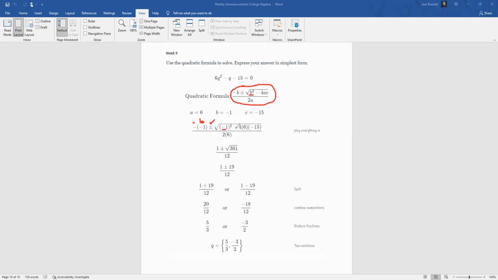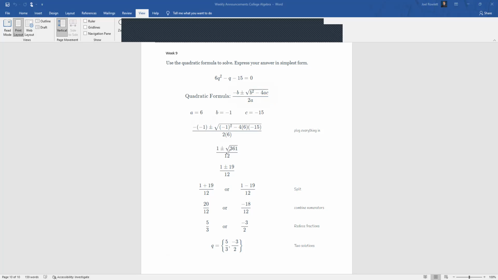So I have b squared minus 4 times a, which is 6. Again, this comes straight from the quadratic formula, times -15, which is the c value, all over 2 times a. Since a is 6, I have 2 times 6. From here, we just continue to simplify until we can't simplify any further.